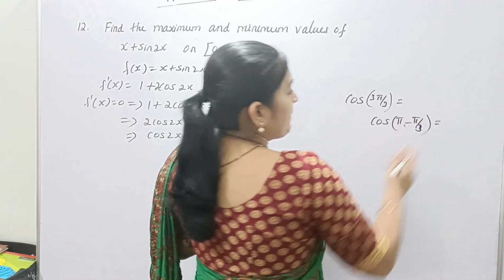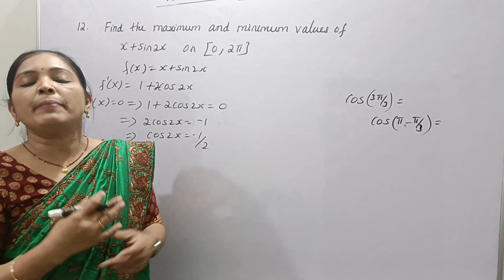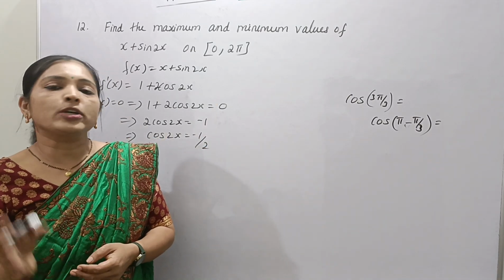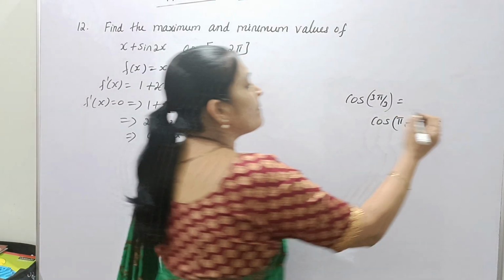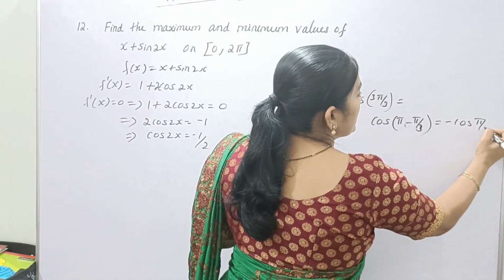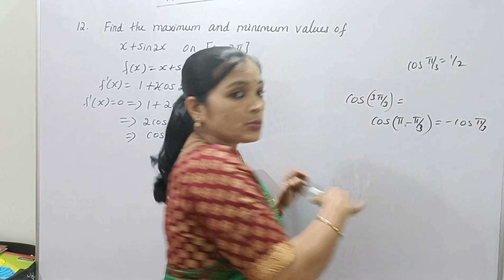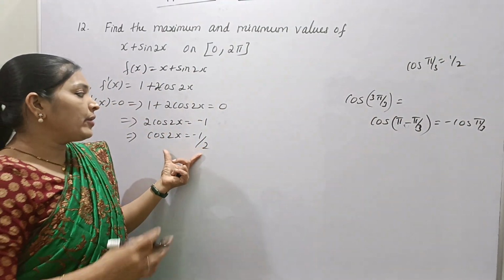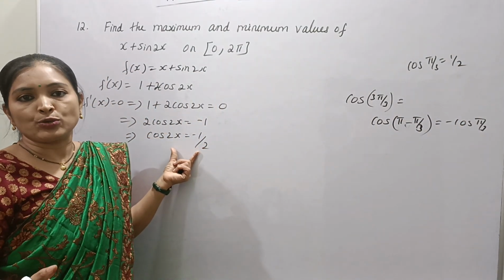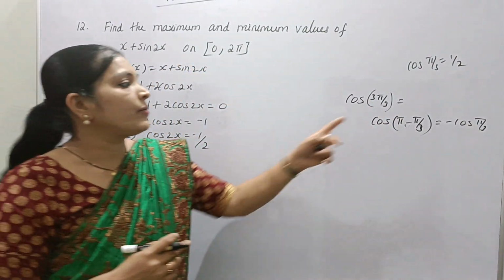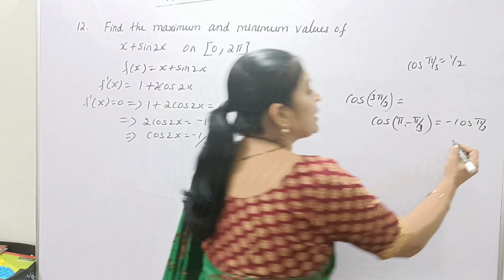Pi minus means lying in the second quadrant. In the second quadrant, cos is negative. Therefore, minus cos pi by 3. And we have cos pi by 3 is 1 by 2. We need when cos is minus 1 by 2. So here cos 2 pi by 3, we have got minus cos pi by 3, that is minus 1 by 2.